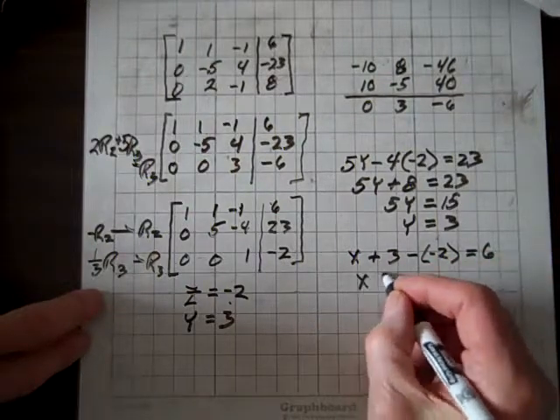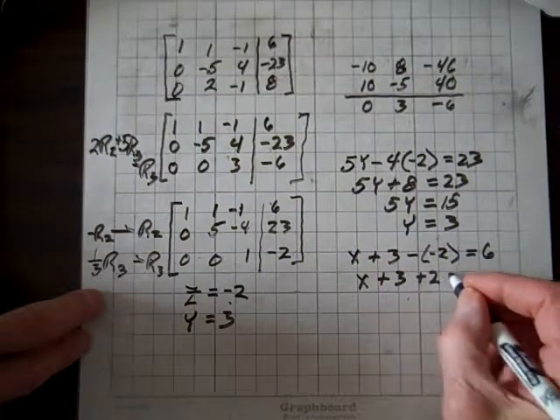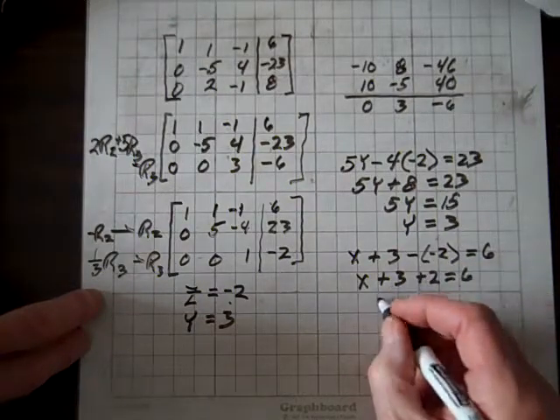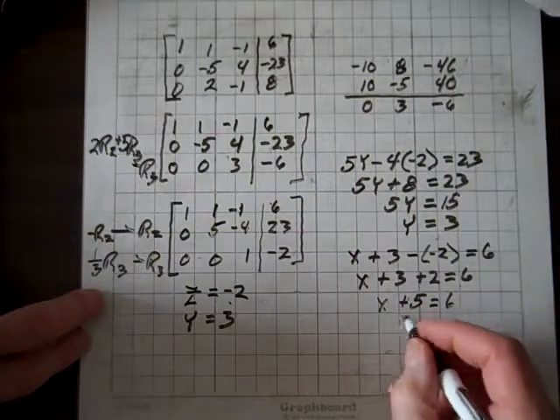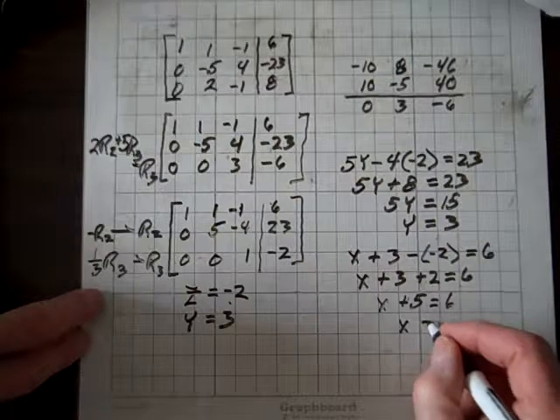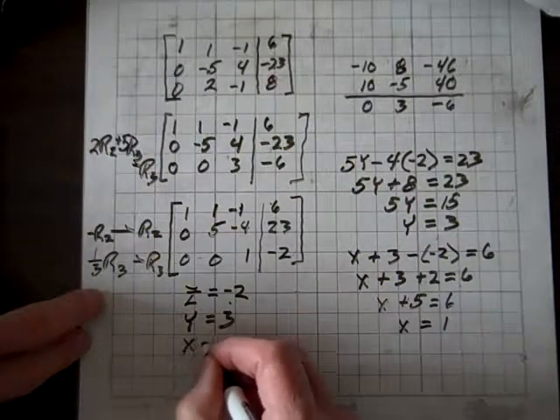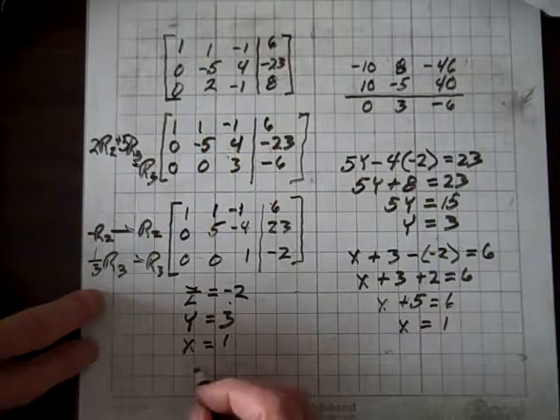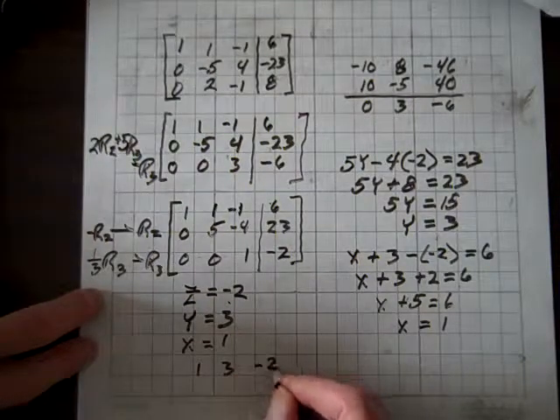So we have x plus 3, and a minus times a minus is a plus 2 equals 6. So x plus 5 equals 6. So subtracting 5 from both sides, x equals 1. So our ordered triple is 1, 3, and negative 2.